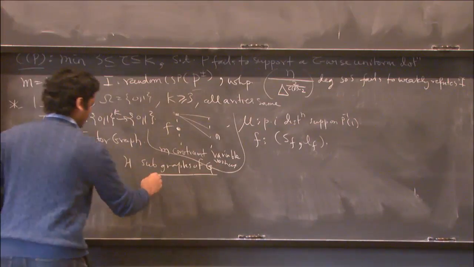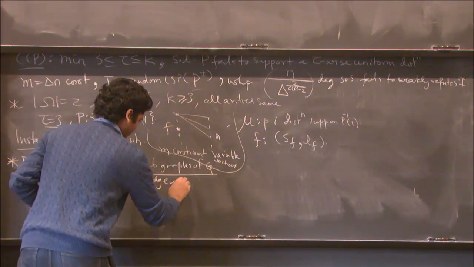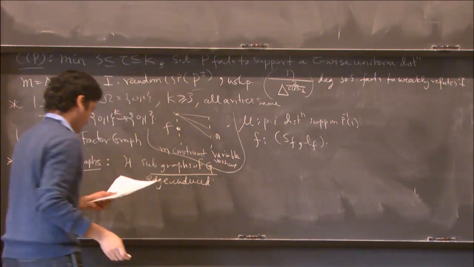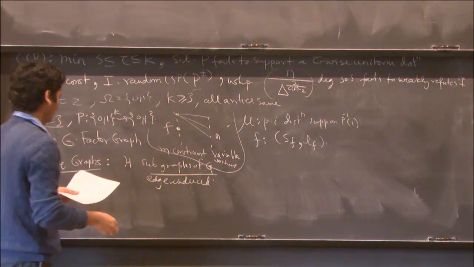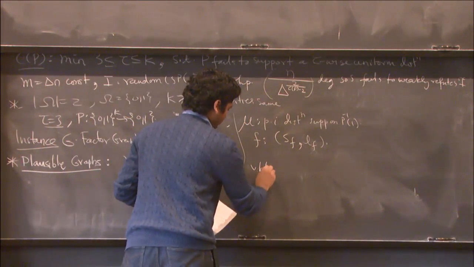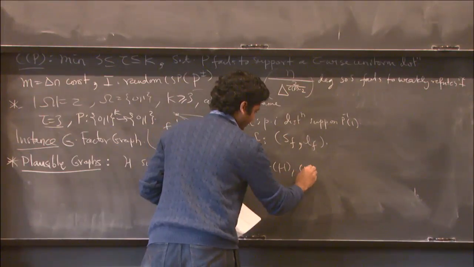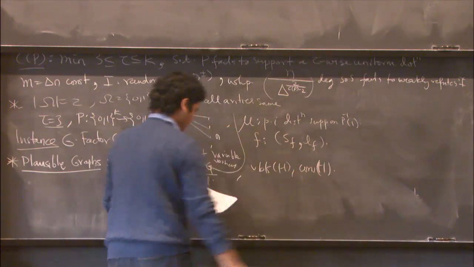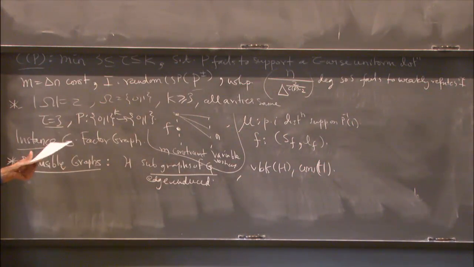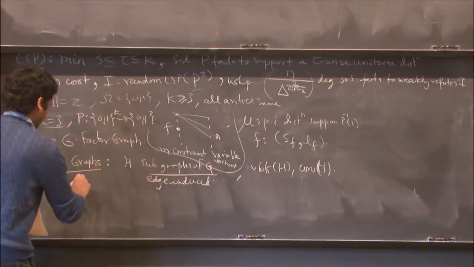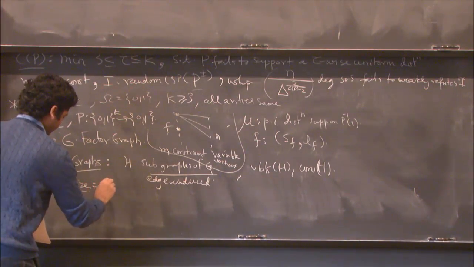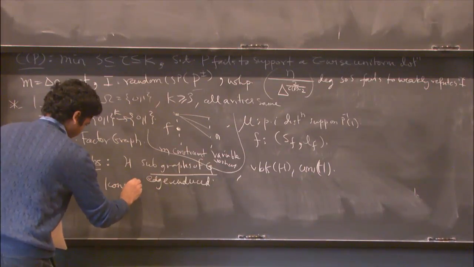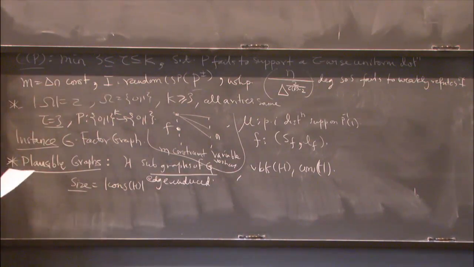I use variables of H and constraints of H with this notation, and I call the size of H just the number of constraints in it.